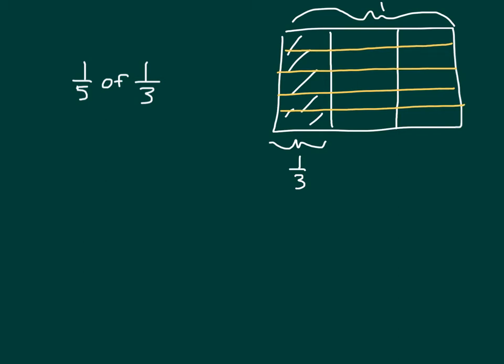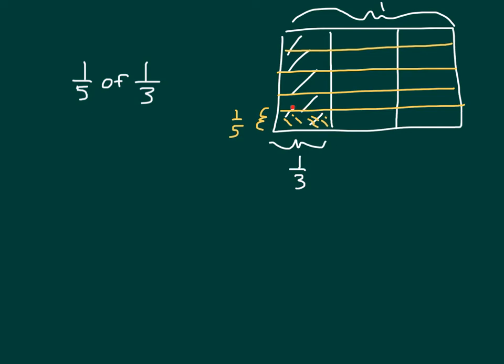So now this 1/3 is divided into 5 parts, and I only want to look at one of those parts, or 1/5 of that 1/3. And I am only looking right here for the 1/5 of 1/3, or what I have shaded in.